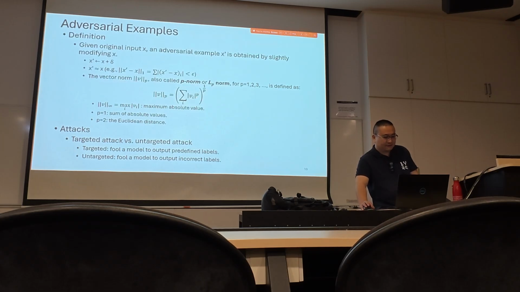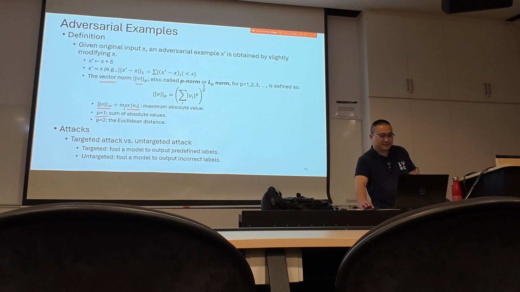Here, v is a vector. That's why we are calling it a vector norm. And by definition, the infinity norm is just the maximum absolute value among all the elements. So this is the definition of the infinity norm. And when p equals 1, this is the L1 norm.